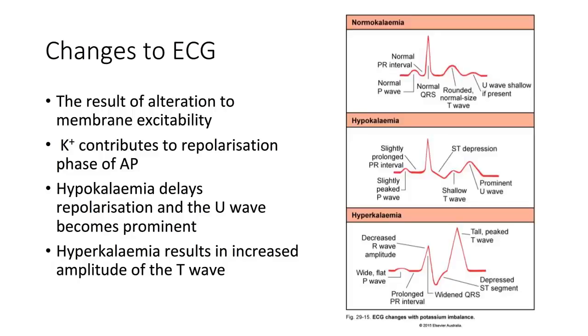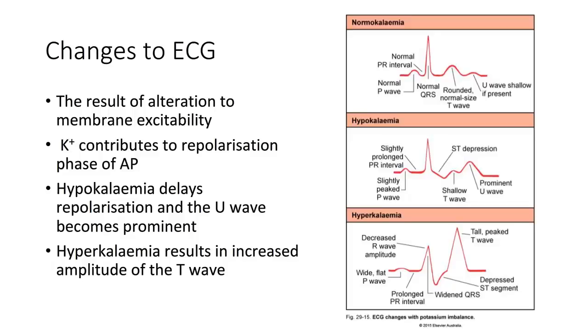In hypokalemia with not enough potassium, we'll see evidence of a U wave on the ECG trace. So you can see in the middle diagram there where the T wave is a bit shallow and we have this second hump following it that is known as the U wave.